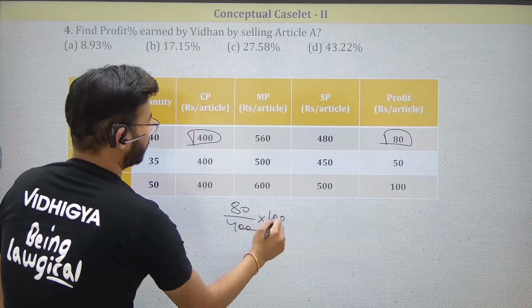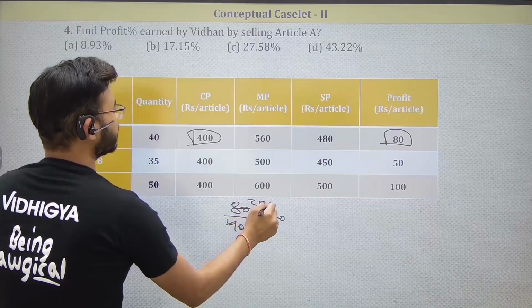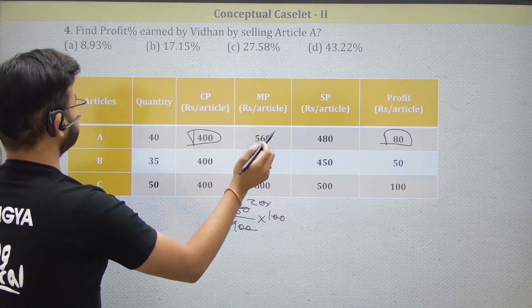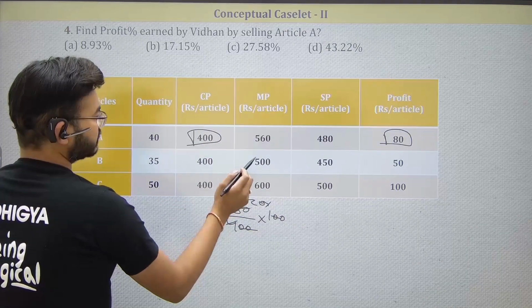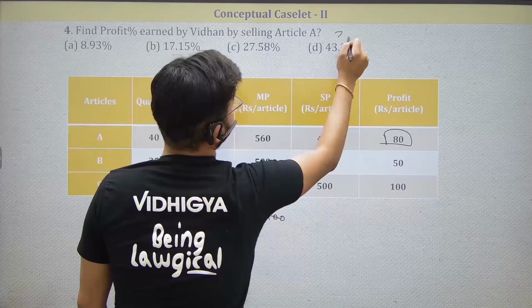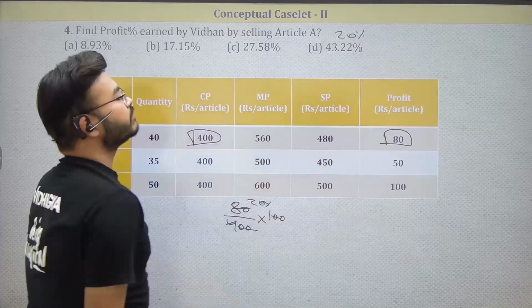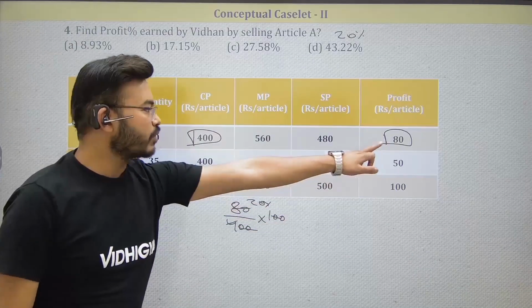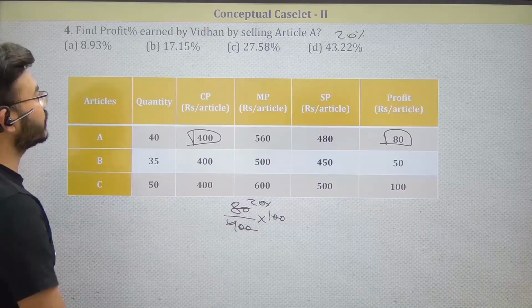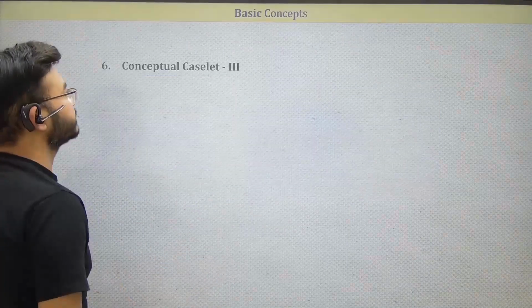So that will come out to be 20%. Answer should be 20%. Simply 80 rupees profit on the cost price of 400. So that will be 1 by 5. So that will come out to be 20%.